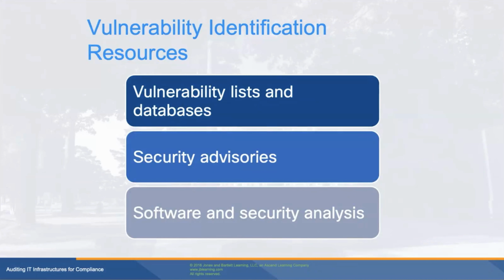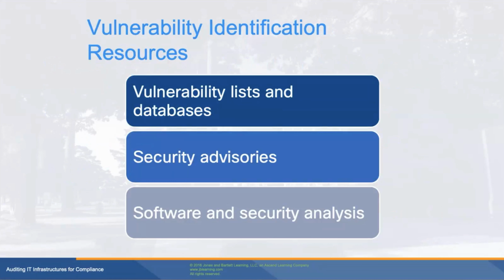So if we go to nvd.nist.gov, that's the National Vulnerability Database. It has a list of every flaw in every piece of software that exists out in IT. So that's an example of a list that we can use to identify vulnerabilities.